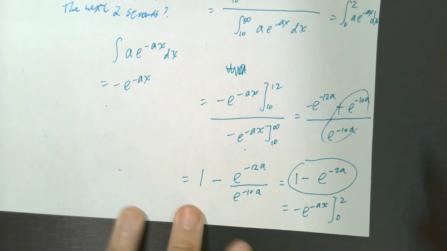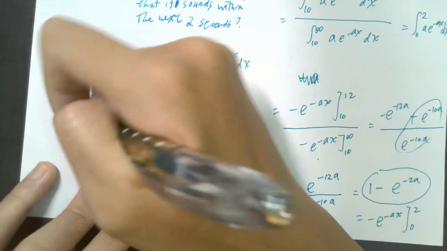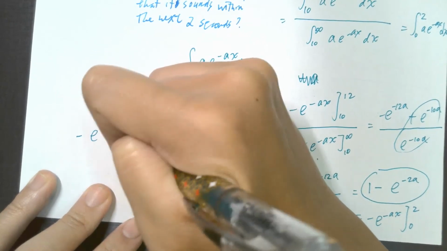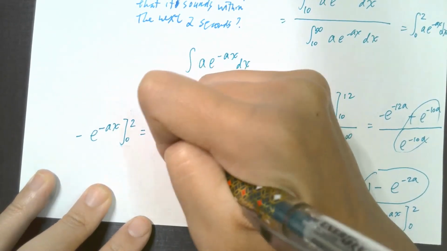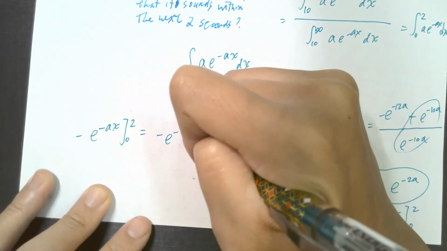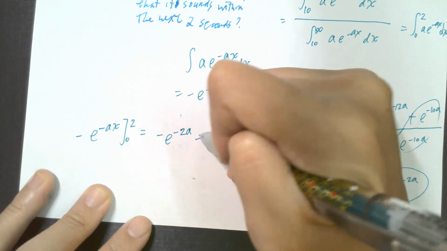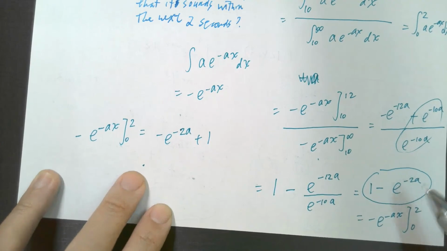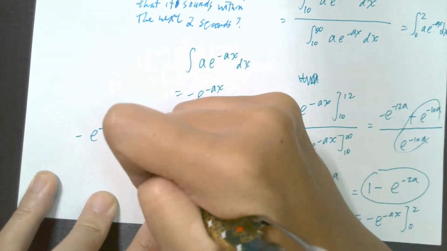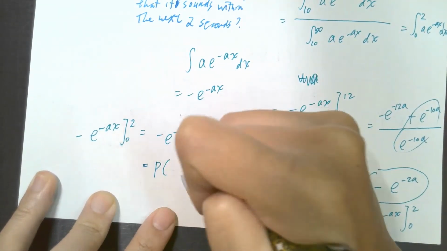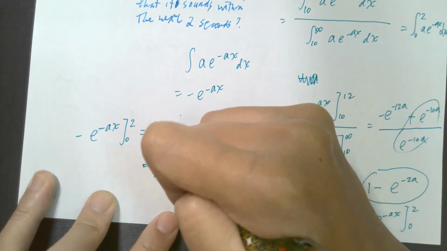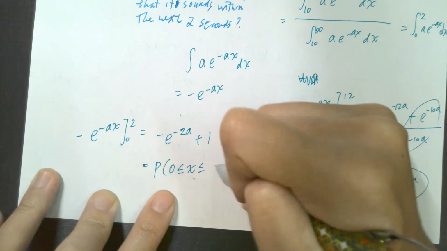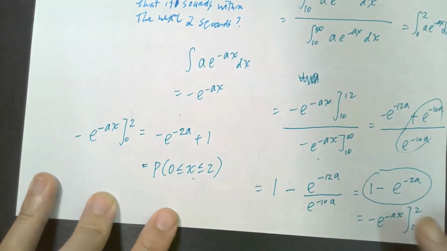If you want to verify that, negative e^(-ax) from 0 to 2 is going to be negative e^(-2a) plus 1. So this is exactly what it is. And what does this represent? It represents the probability going from 0 to 2 in our case.